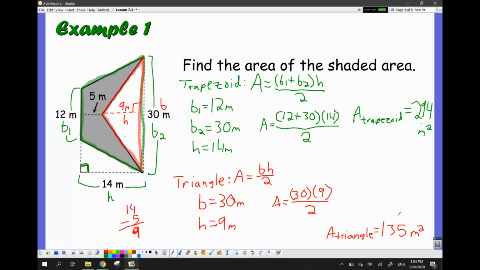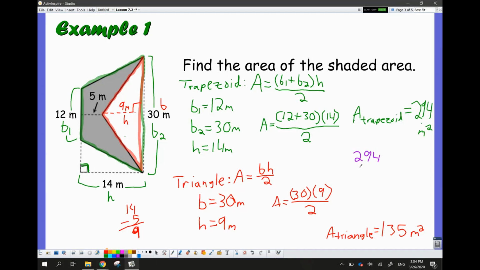The last thing that I need to do, remember, my goal is to find the shaded area here, which means I'm going to take the area of the trapezoid and subtract from it the area of the triangle. So I'm going to set it up over here. I'm going to do this in purple so it's different. So the area of my trapezoid was 294.